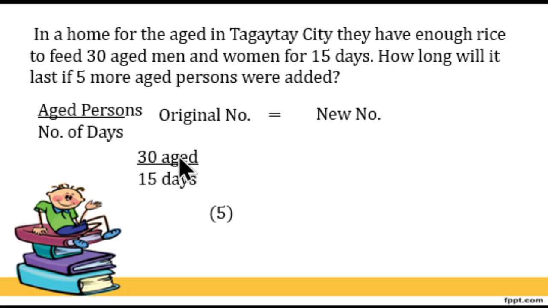So here is the 30 aged, and another 5 is added, so that is 30 is to 15, and the food is equal to unknown. So unknown, another 5 aged is added. So cross multiply.